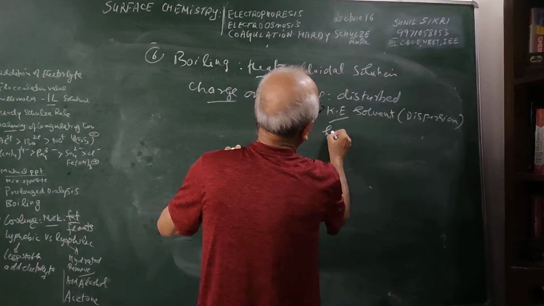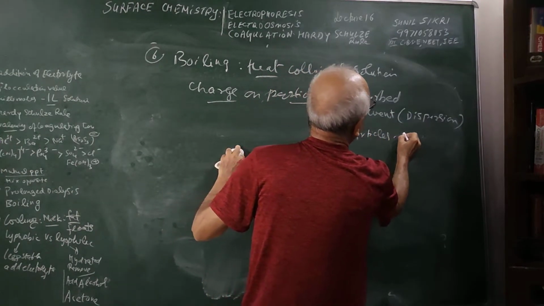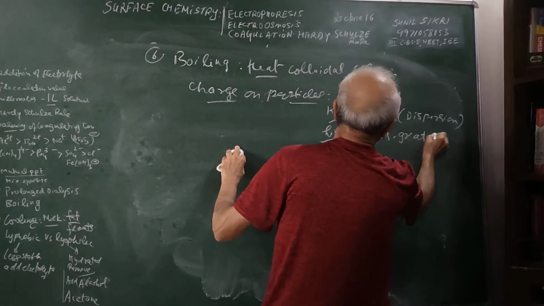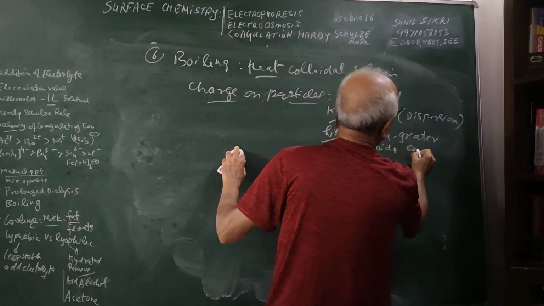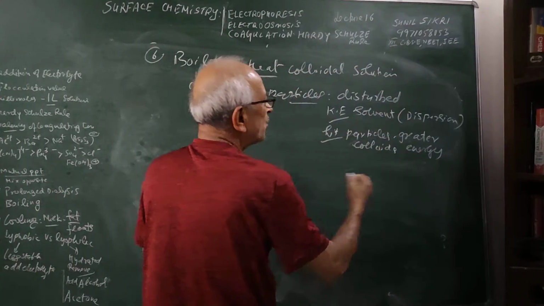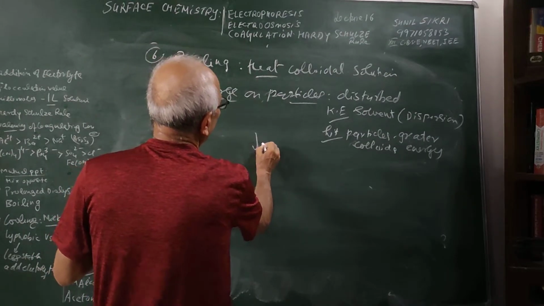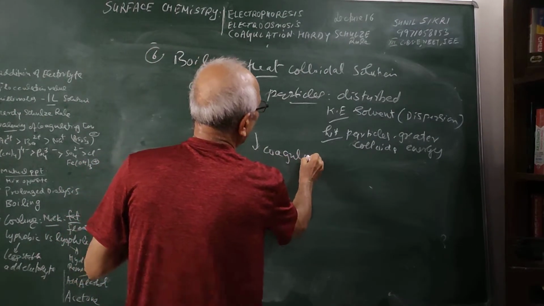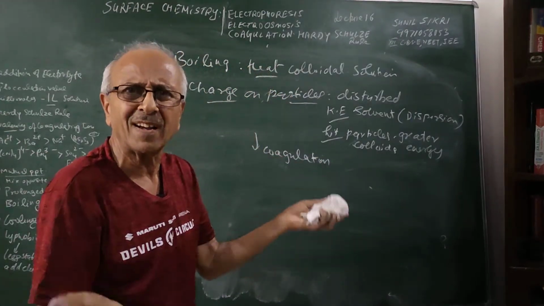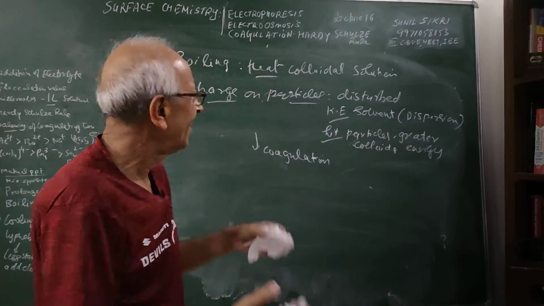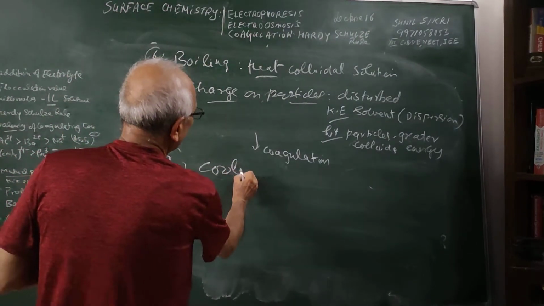So they will hit the particles of the colloid with greater energy, hence they will disperse the charge, they will disturb the charge, and as a result coagulation will take place. As the charge is removed from the colloidal particles due to higher kinetic energy as the temperature rises, there will be coagulation, student.